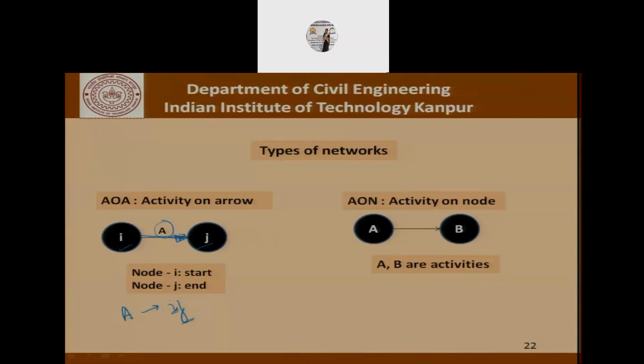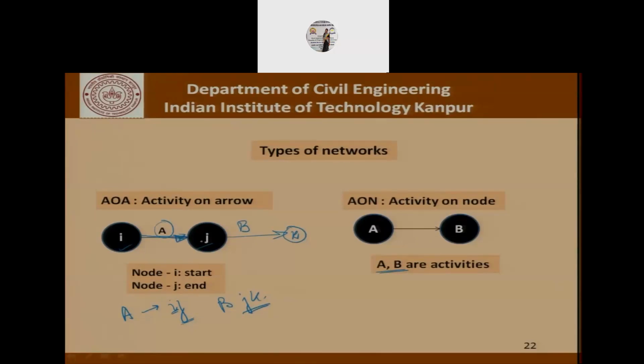That is, B depends on A. You cannot start B unless you complete A. So if we take this concept of A and B being related the way they are shown in the activity on node representation, then what we will do here is to put B here and put a node K here, which means that A is the activity IJ. When this activity is completed, B can start, and B is represented as JK. So the node J is the start of activity B and is also the end of activity A.